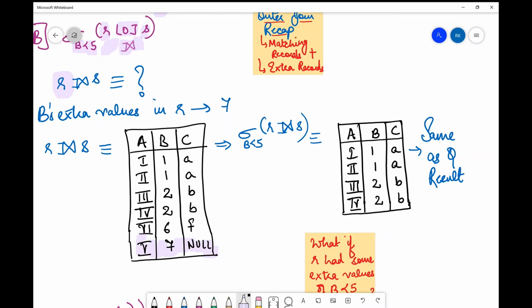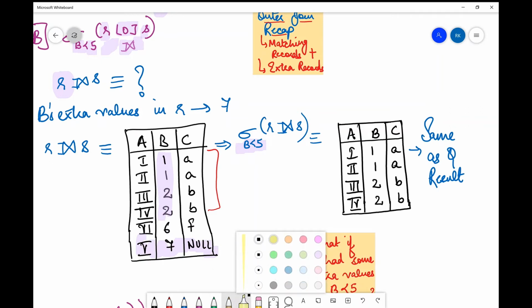Now I perform the selection condition of b less than 5, and the records which satisfy this condition are only these records, because in only these records B's values are less than 5, and these other values are more than 5. So this is the final result, and this is again the same as Q's result.